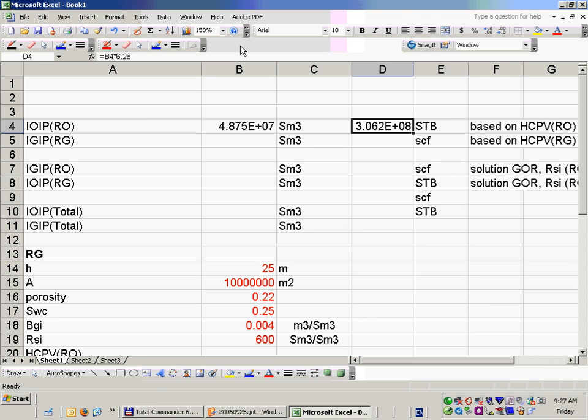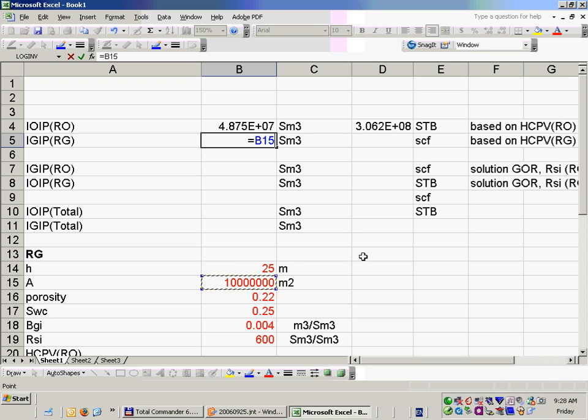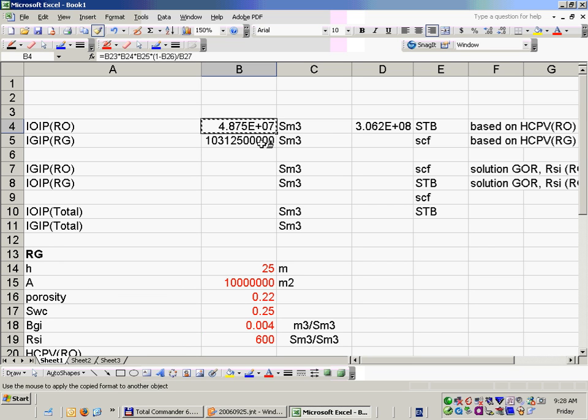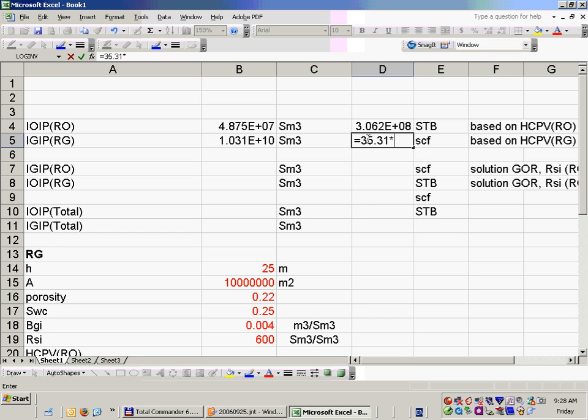And gas in place, same kind of thing. We go down, except it's right here, thickness times area times porosity times 1 minus water saturation divided by gas formation volume factor, which was this 1 over 250. And I'll use the same format here, and I'll convert it to my units.